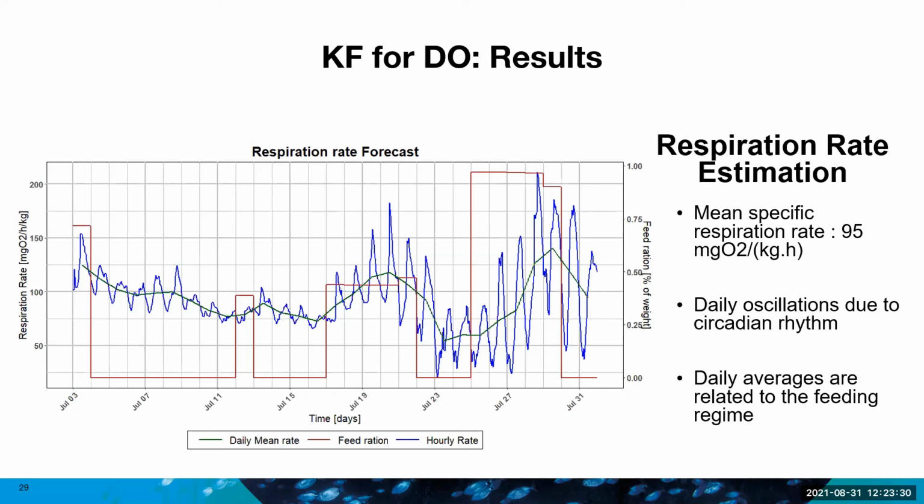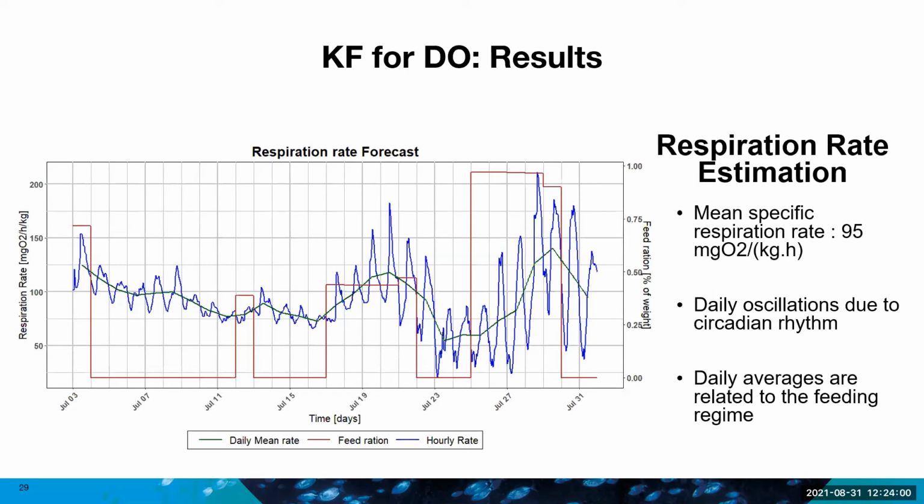So if you represent the respiration rate, the blue line, you can see that you have some clear daily oscillations due to circadian rhythm. And it's quite interesting to see that the phenomenon that is described in literature is reproduced by the filter. It means that it's very useful.